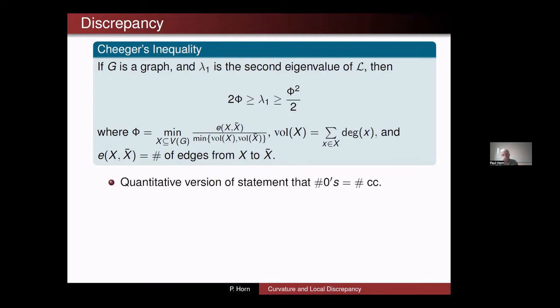And I like to think of it as a quantitative version of the statement that the number of zeros appearing as an eigenvalue is the number of connected components, because really what it's telling me is that if this first non-trivial eigenvalue is separated from zero, then I'm quite well connected. So not only am I connected, but the bigger it is, the more connected I am.